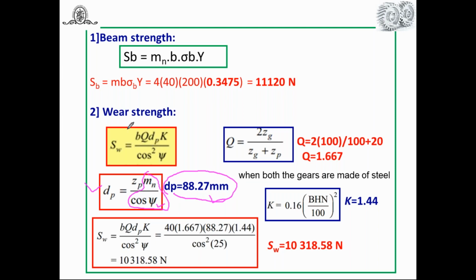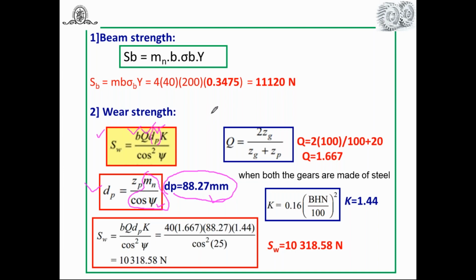Then what is required: B now, Q now, dp now, and always dp means for a pinion. Now in this case, the pinion is weaker. I am telling you one important thing. Even if the gear is weaker, we are going to use the same equation, and in this equation dp is there, don't change it to dg, understand?